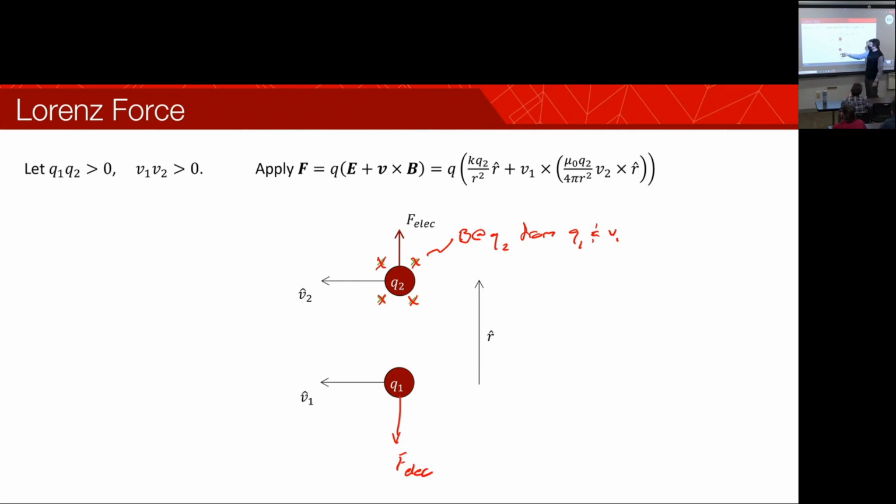So what is the magnetic field essentially here? It is the magnetic field at Q2 caused by Q1.